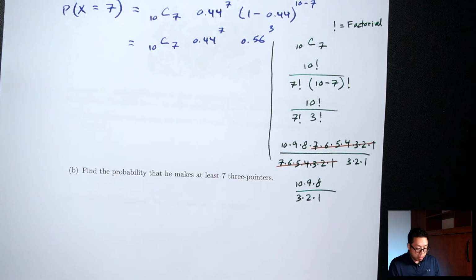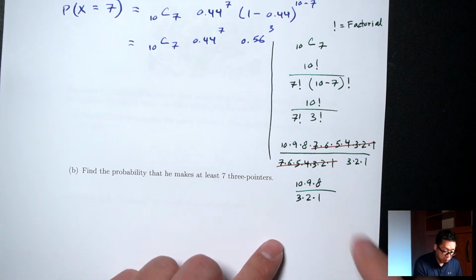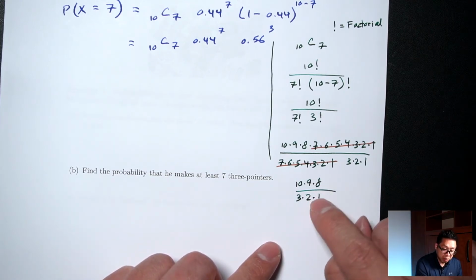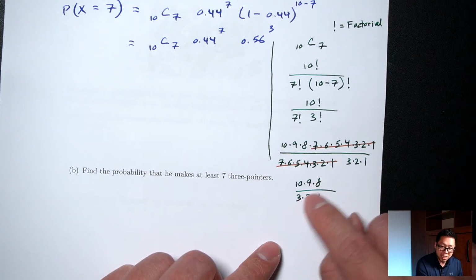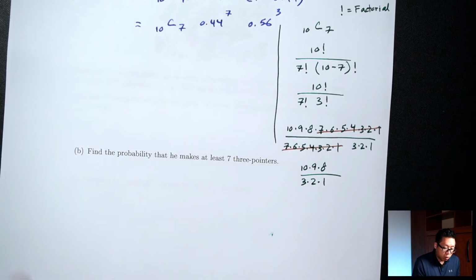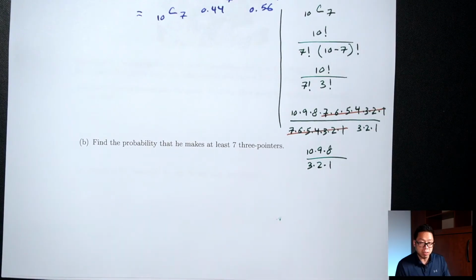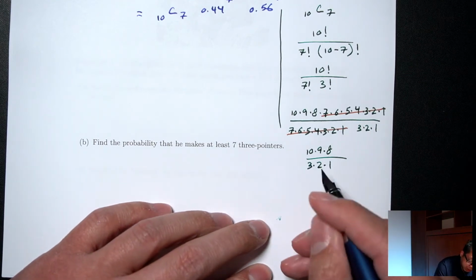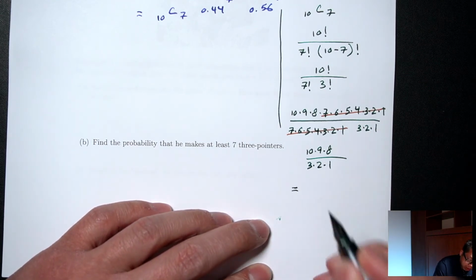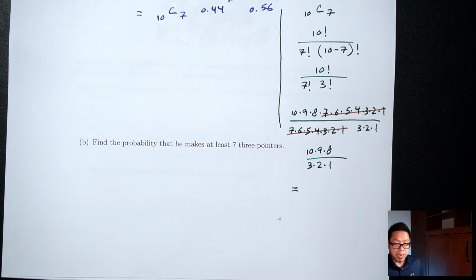Now what you could do here is simplify even further. So for example, the 8 and the 2 can cancel, leaving a 4. 9 and 3 can cancel, leaving the 3 on top. Or you can just enter it into a calculator just like this. So on top, 10 times 9 times 8. On the bottom, 3 times 2 times 1.